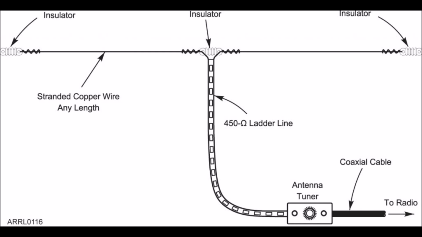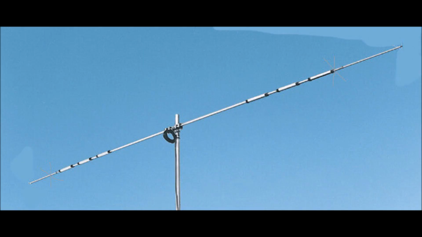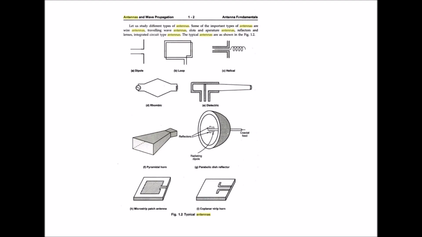With an exciting source at the center, a symmetric dipole is produced. In general, the dipole antenna is excited by a voltage obtained from a transmission line, waveguide, or directly from generator.